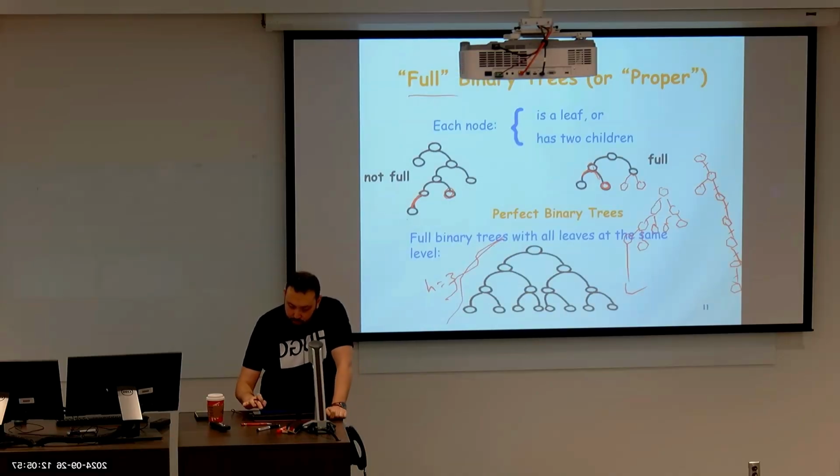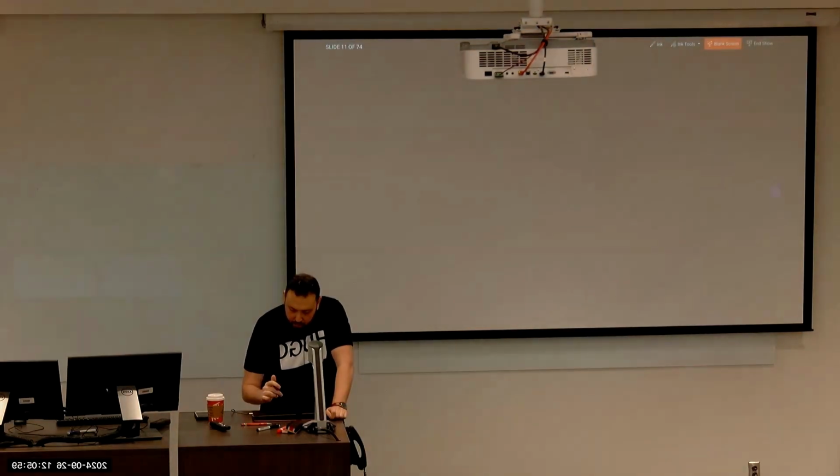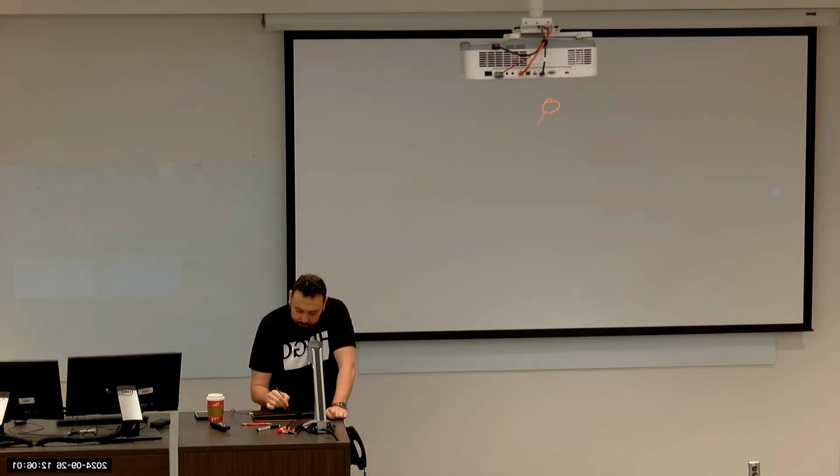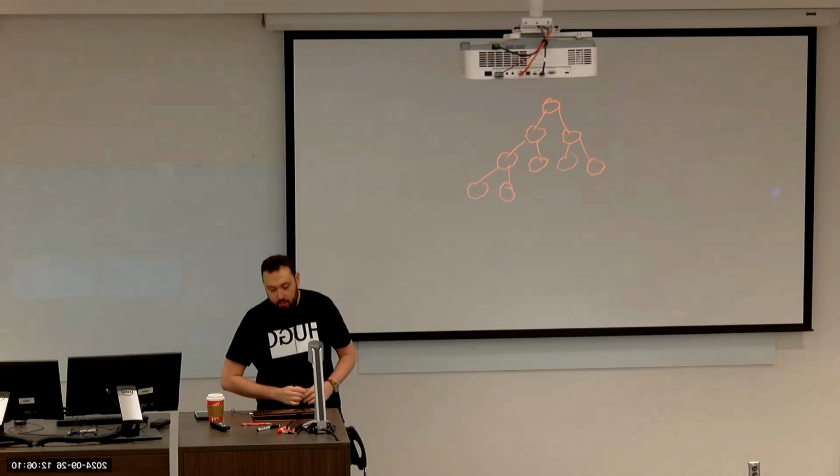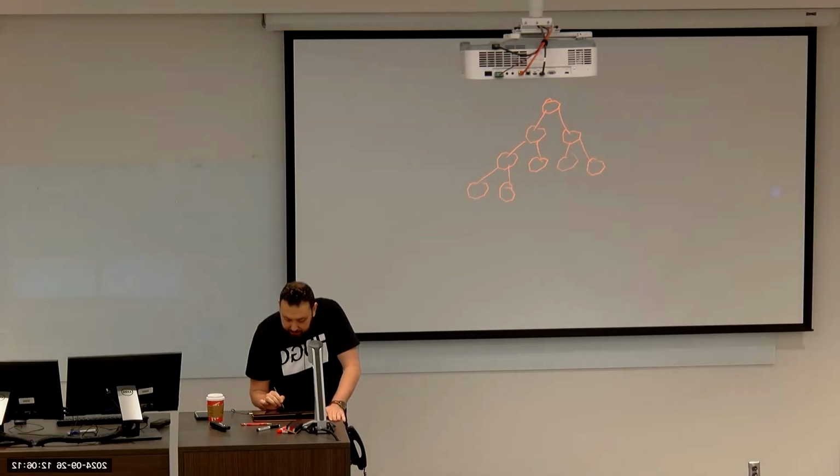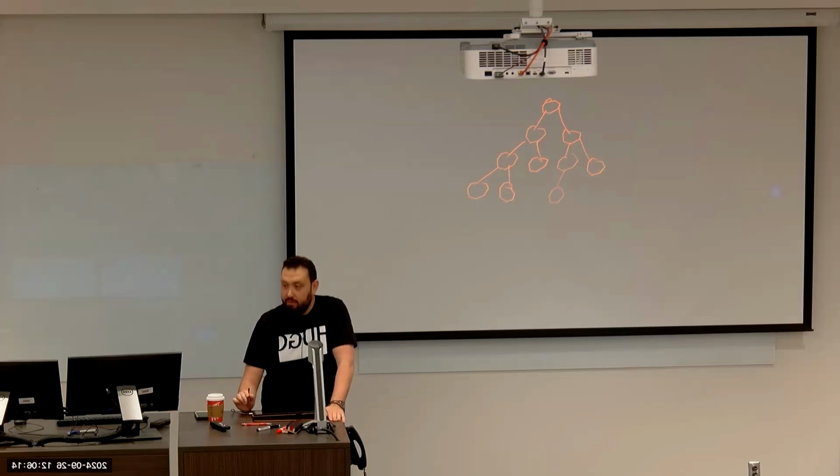Okay, what does this mean? That means if I want to have a full binary tree, okay. So now, can I say this is a full binary tree? Okay. Now, are you sure?